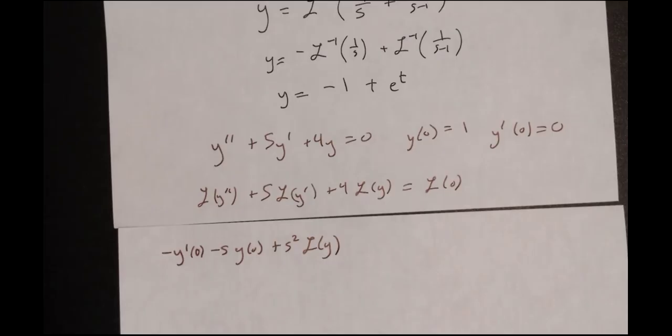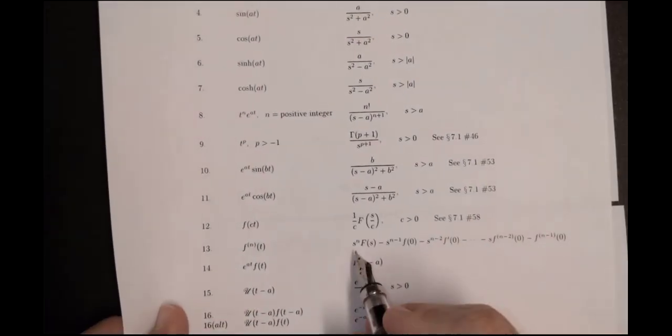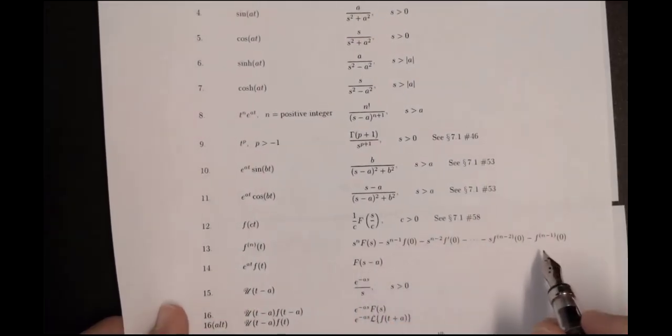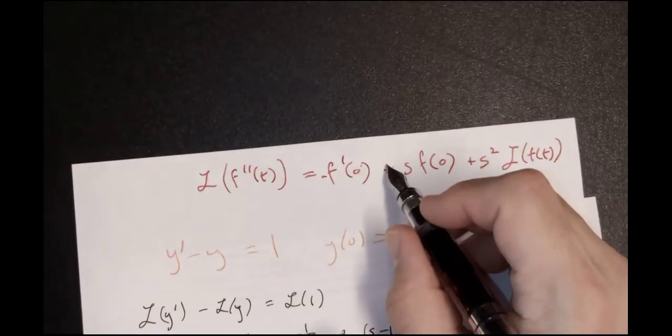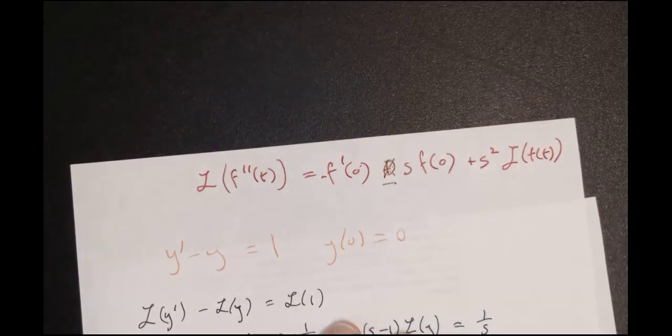Now, as soon as I say that, I think I made a typo back in the previous one. Let's go back and look at the formula sheet here again. And I see, yes, this one is positive and all the rest of these are negative. That means back here, this should be a minus sign.